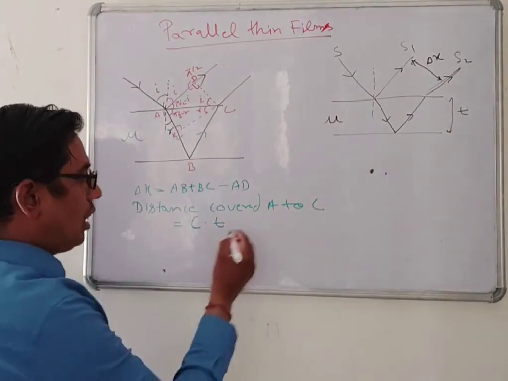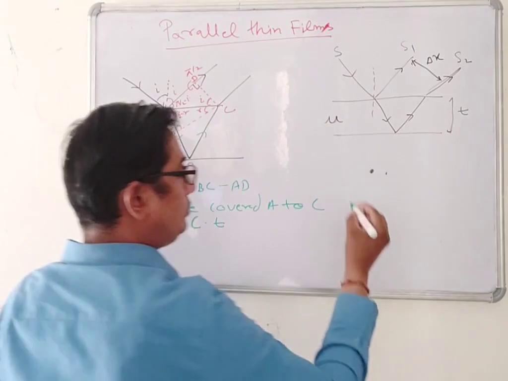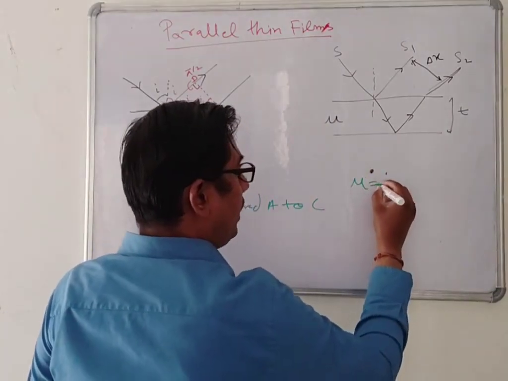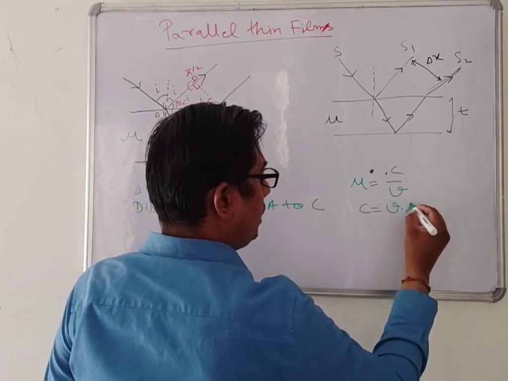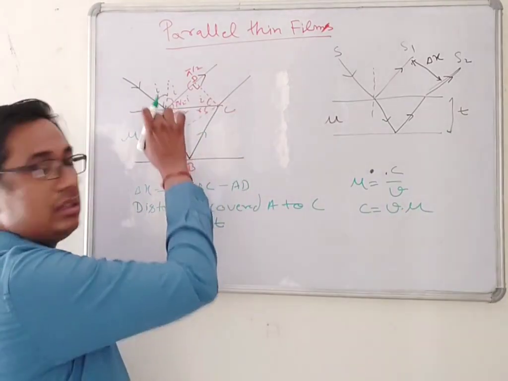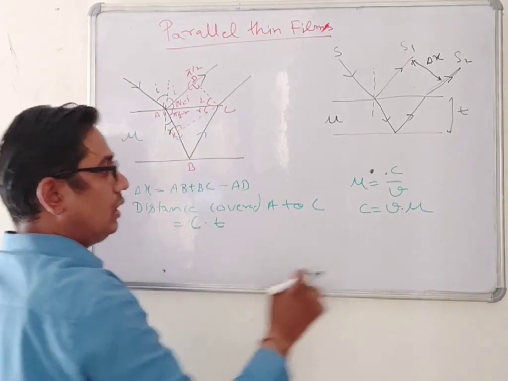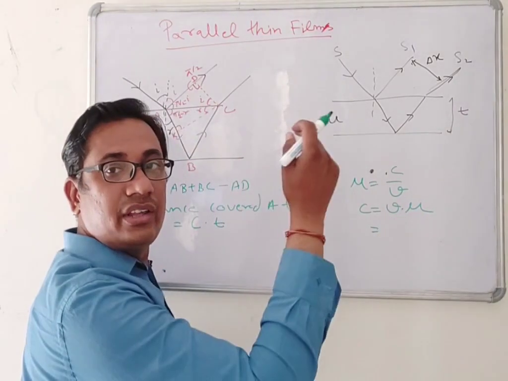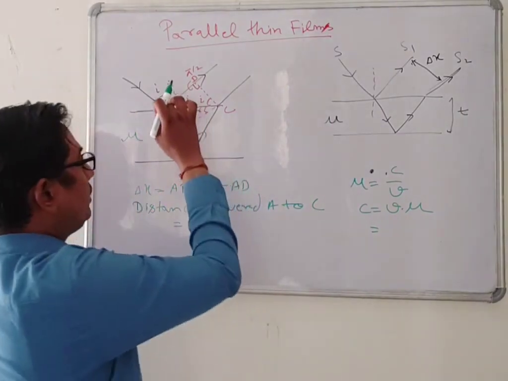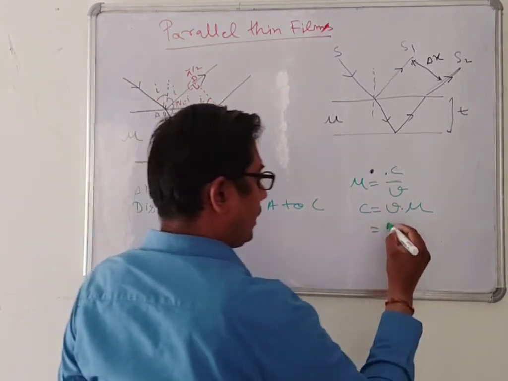You know that mu, the refractive index, is c upon v, so c is equal to v multiplied by mu, where v is the velocity inside the medium. And v is equal to distance upon time. What is the distance? AB plus BC.